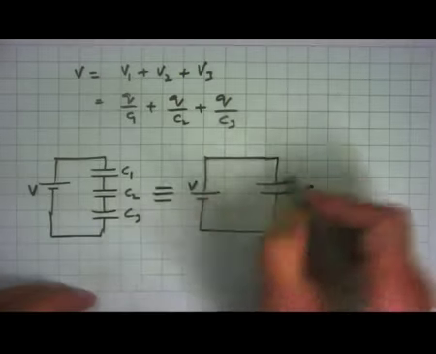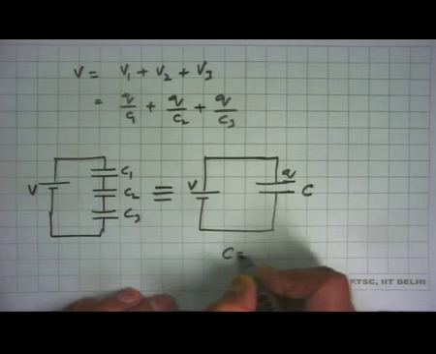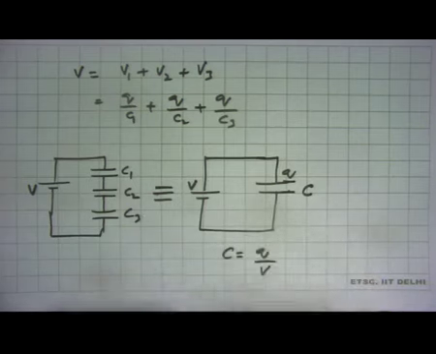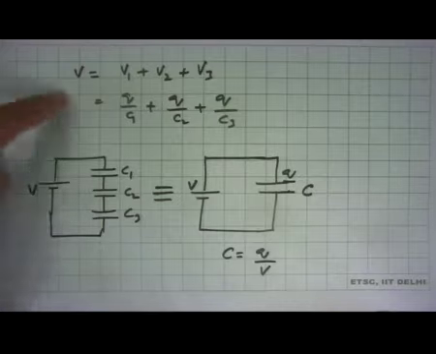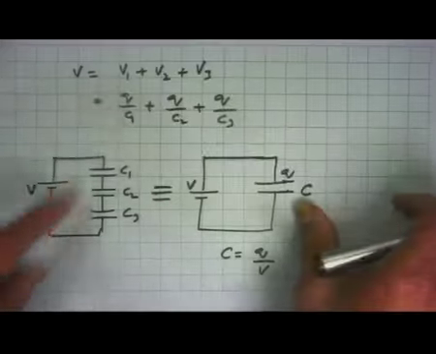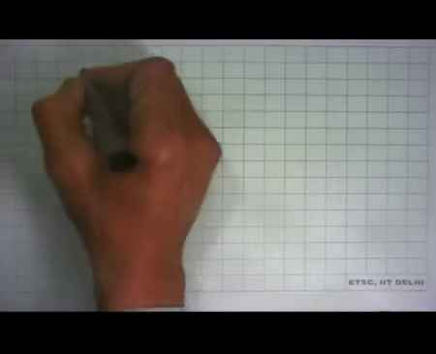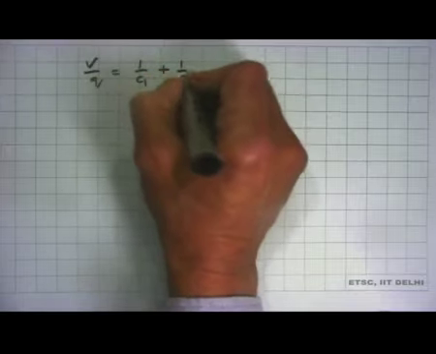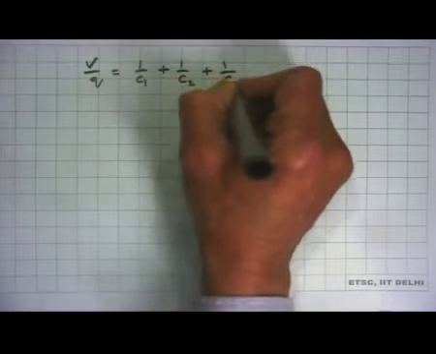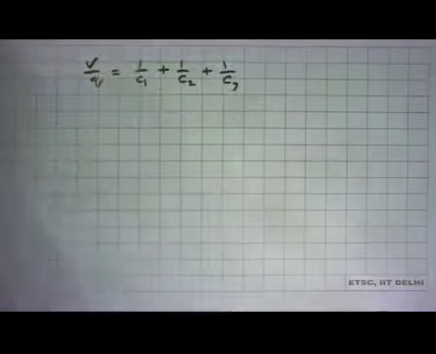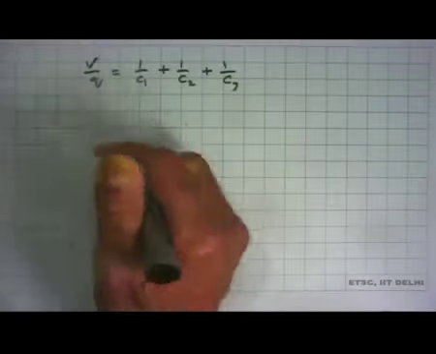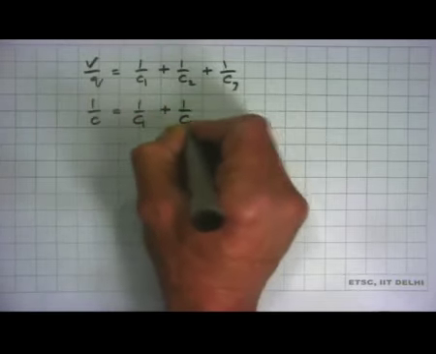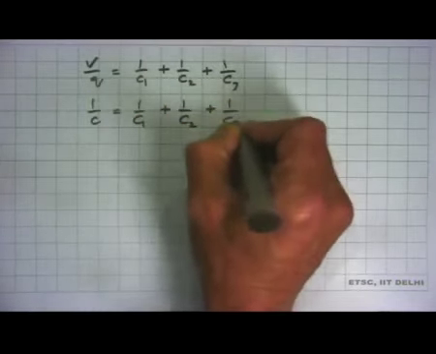So, this is V and the charge is Q. So, this capacitance C must be equal to Q by V, and I can use this equation to find V by Q is equal to 1 by C1 plus 1 by C2 plus 1 by C3, and as you can see here C is Q by V. So, this gives 1 by C is equal to 1 by C1 plus 1 by C2 plus 1 by C3.